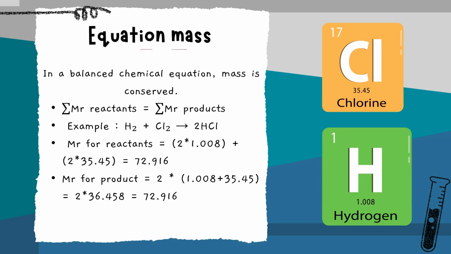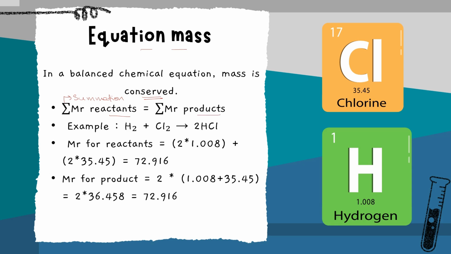Equation mass. In a balanced chemical equation, mass is conserved. This sign represents summation. So summation of Mr of reactants is equal to summation of Mr of products. What are reactants and products? Reactants are the starting materials and products are the end results.